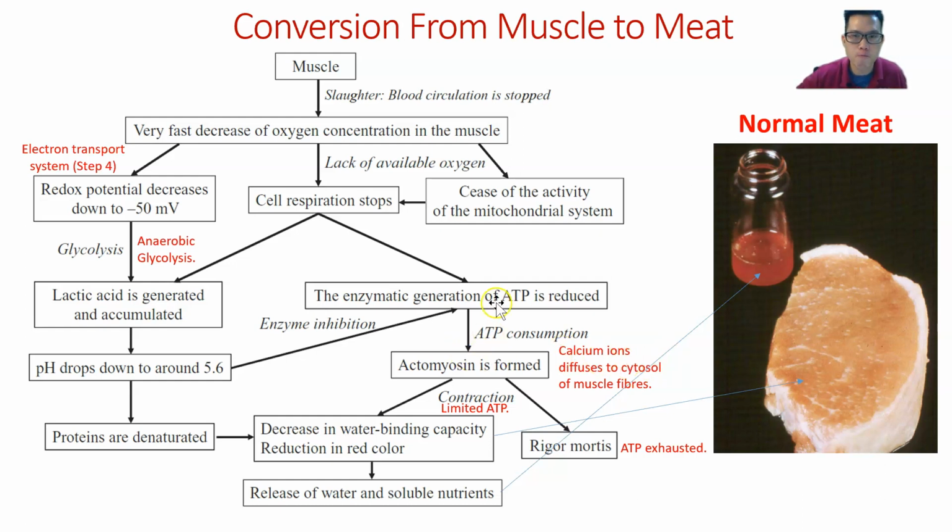So because of that, the ATP will be consumed during this conversion from muscle to meat as well for muscle contractions, but it's going to be very limited. Because of the limitation of ATP, the calcium pump will also not function well, leading to the diffusion of the calcium ions into the cytosol of the muscle fiber.